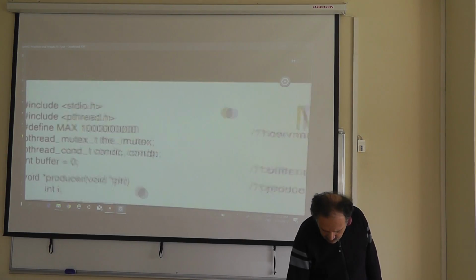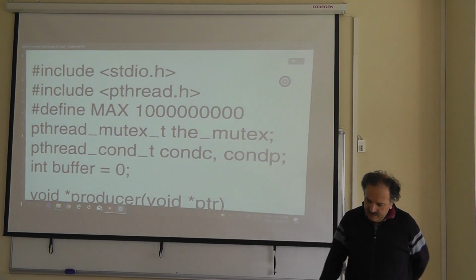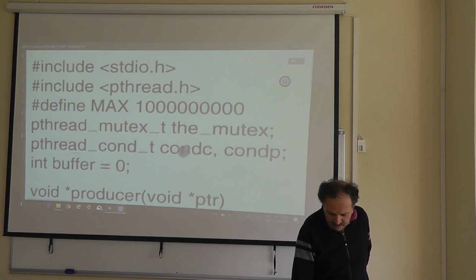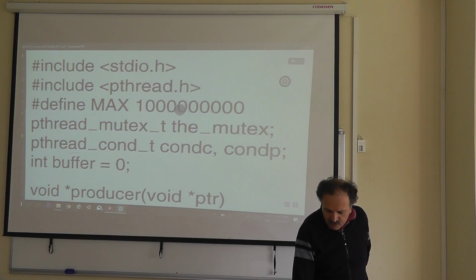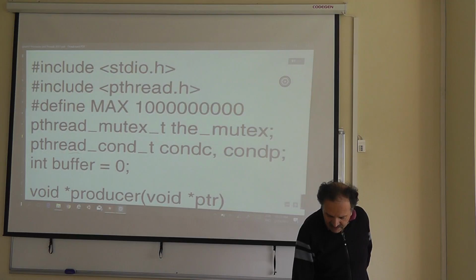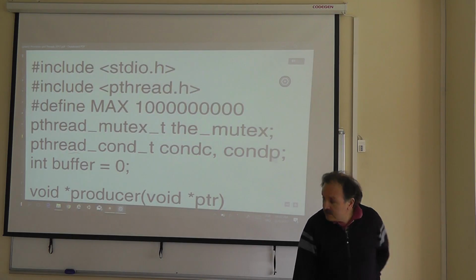Let's see the global variables first. These are the global variables. Stdio, Pthread library, and again, this is a producer-consumer problem. I will produce a maximum of this many items, and I have a mutex here. This is my mutex, and I have two condition variables: condition for consumer and condition for producer, C and P here.